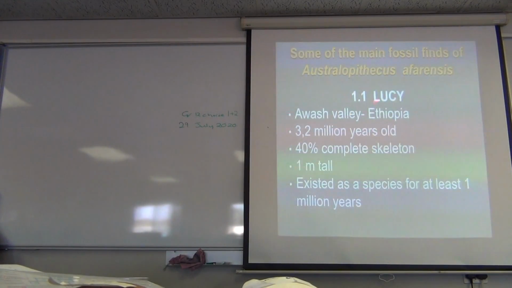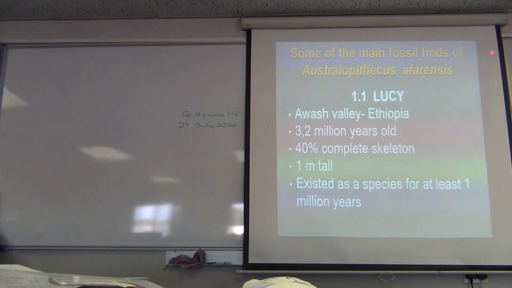This particular fossil, not all Australopithecus afarensis are 3.2 million years old, but Lucy is that old. The actual fossil that was found is a 40% complete skeleton. Lucy is 1 meter tall, even shorter than I am.